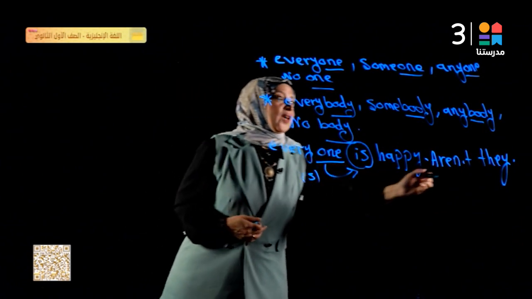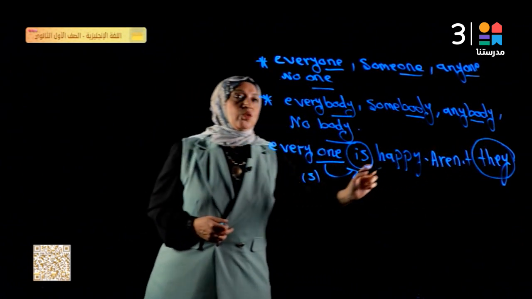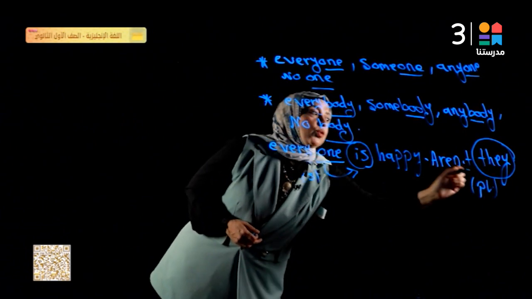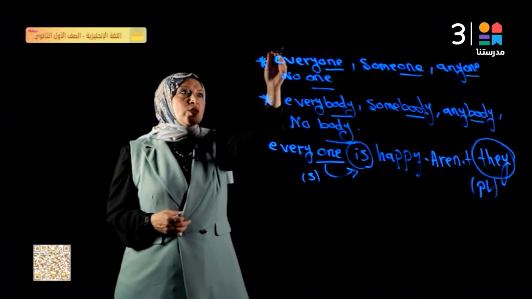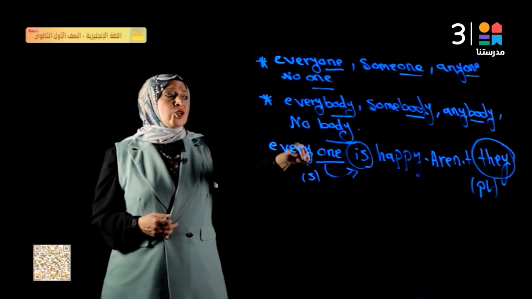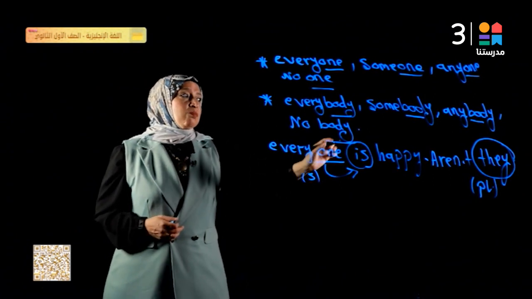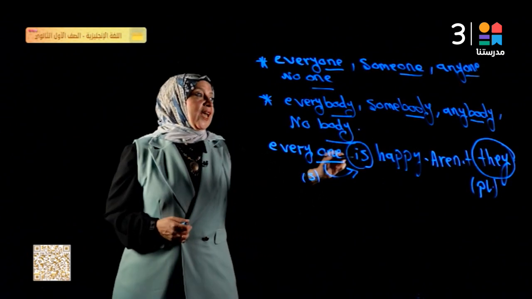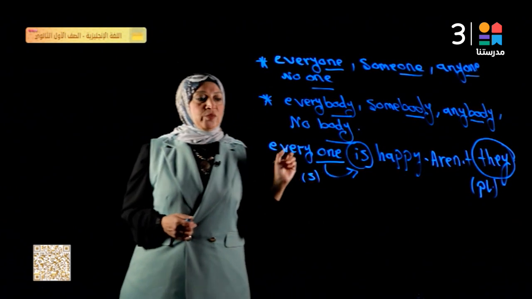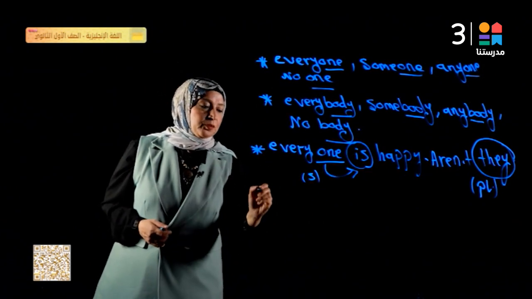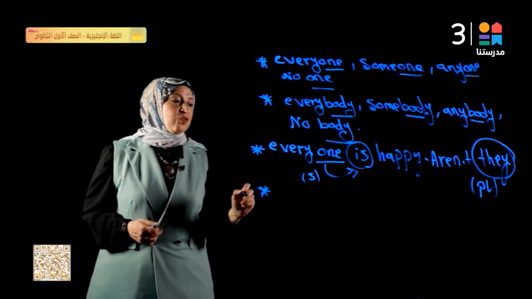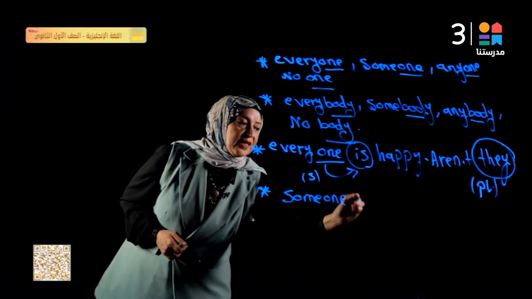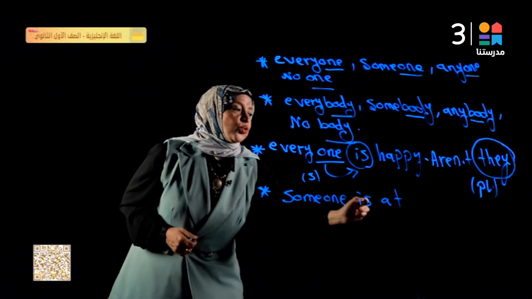But what about the pronoun? The pronoun is plural. So all these words take a singular verb and a plural pronoun. Singular verb, everyone is, and plural pronoun. Let's look at another example. We can say, for example, someone is at the door.